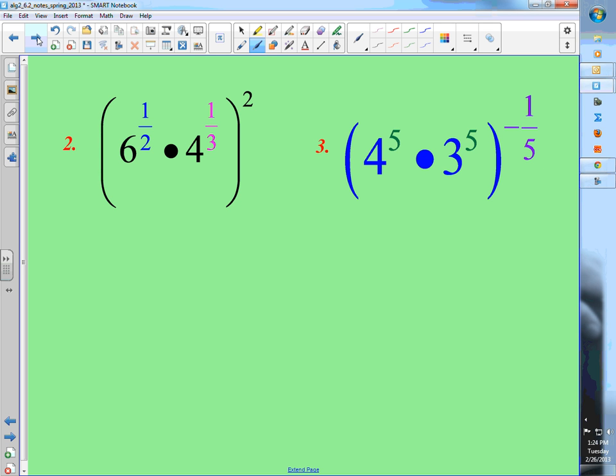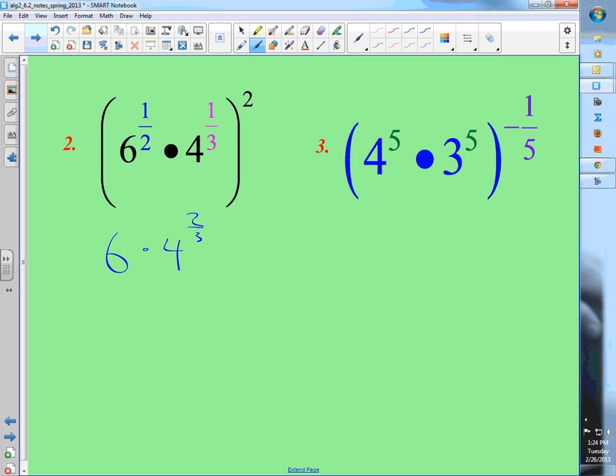Use the power of a product property, which is going to give you 6 times 4 to the 2/3. 6 times 4 to the 2/3. And at this point, you can just leave it like that. There is more simplifying we could do, but it's not critical for us to do right now.